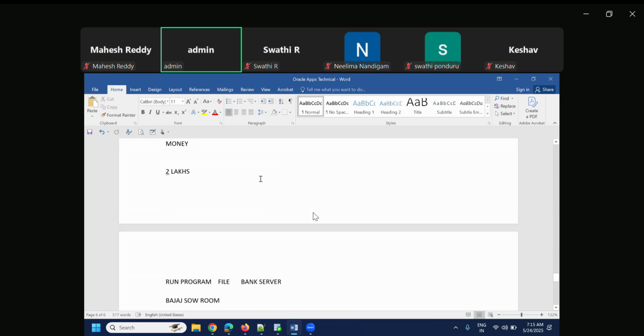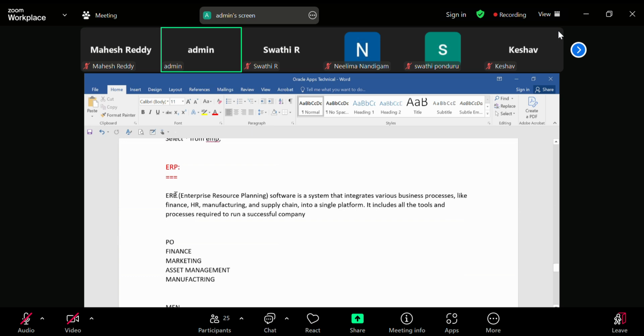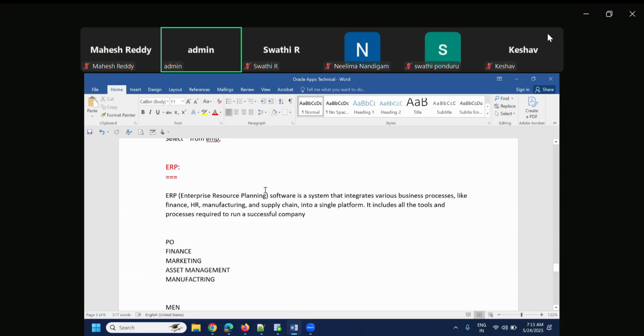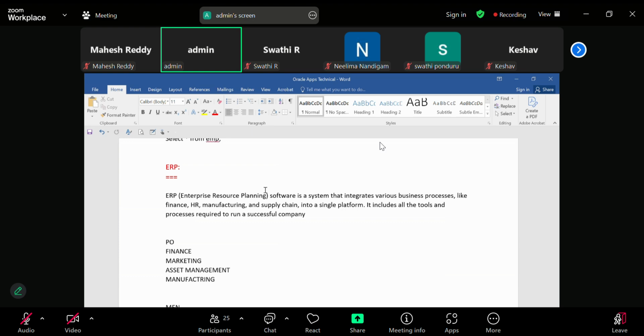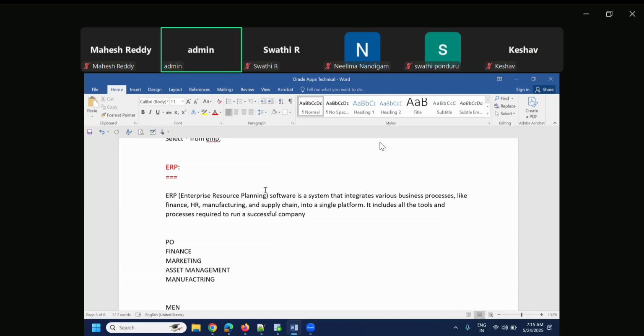Now we came to know what the ERP is. It's already developed by someone, ready-to-use software. For example, Microsoft OS: I don't want to do any customizations, I can buy the Microsoft OS and use it as it is. Like that, ERP is also ready-to-use software.